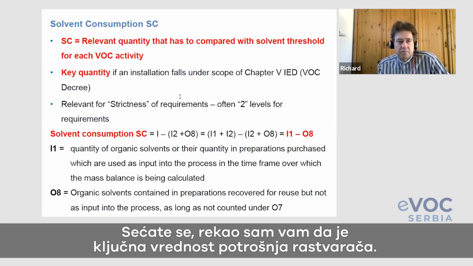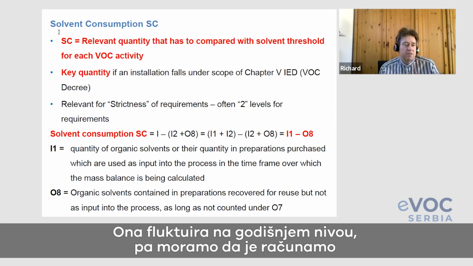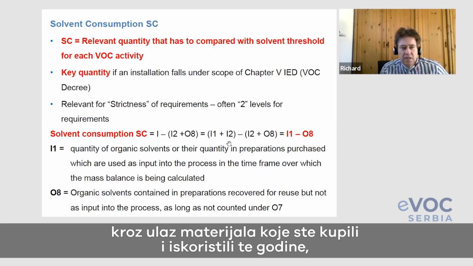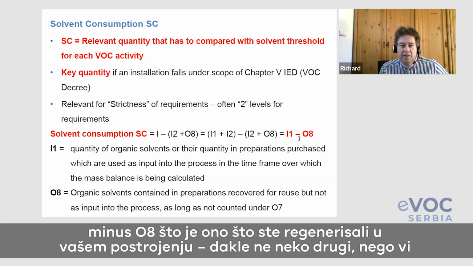So the key quantity, remember, I told you, was the solvent consumption. The solvent consumption has annual fluctuation, and so we must calculate it. The calculation is done by the solvent input of materials that you have purchased in that year and applied for the activity, minus O8.